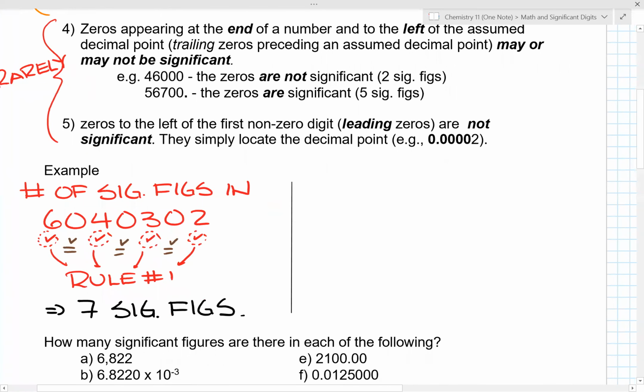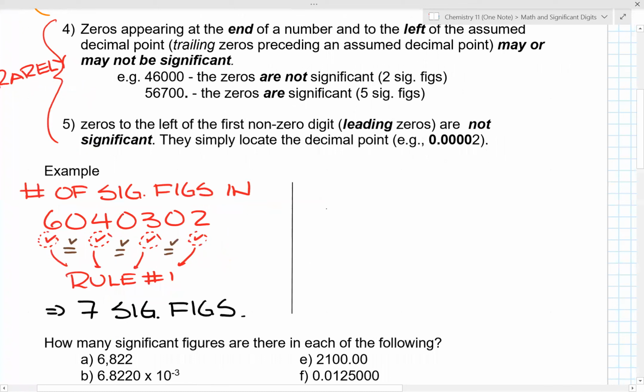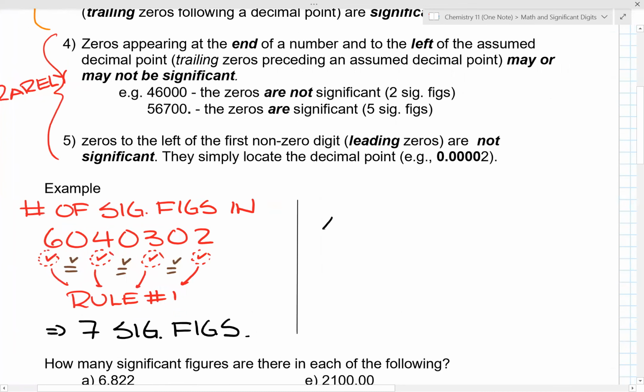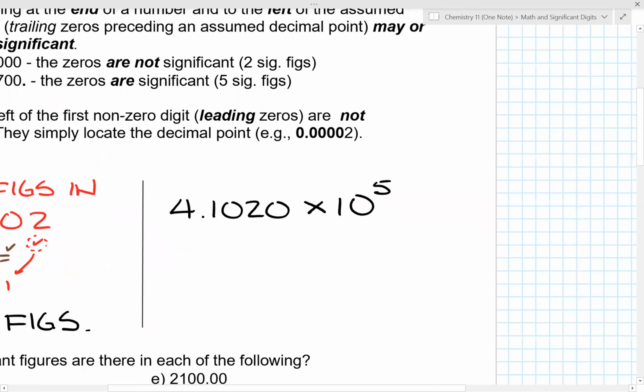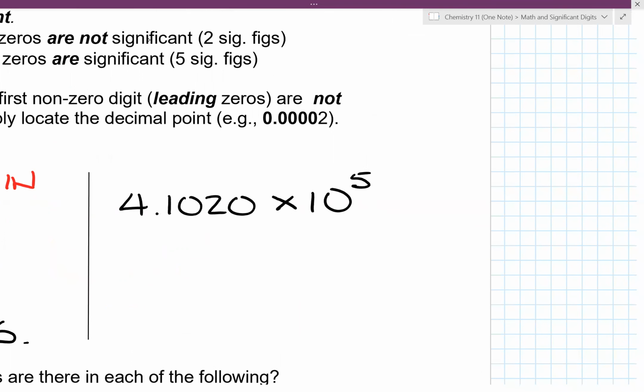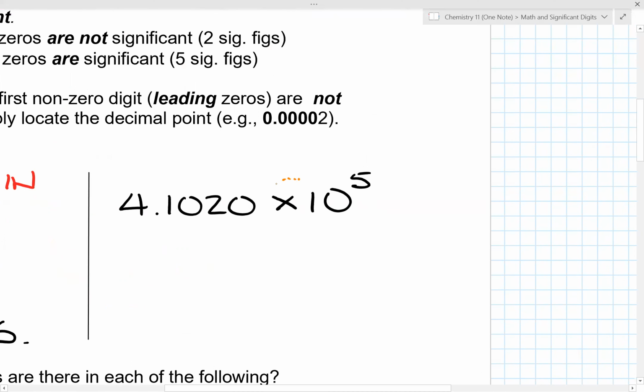Let's give you another one. Let's say we have 4.1020 times 10 to the 5. If we're using exponential numbers and scientific notation, one thing you have to recognize is that the times 10 to the 5 is not counted.